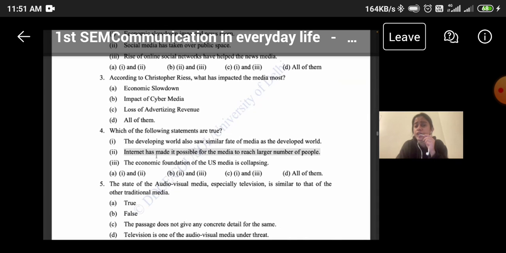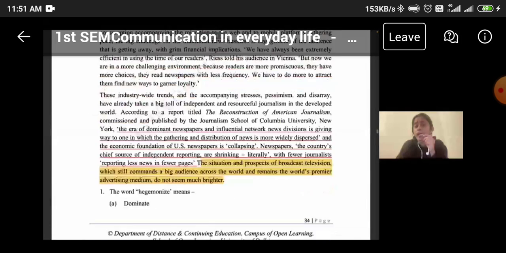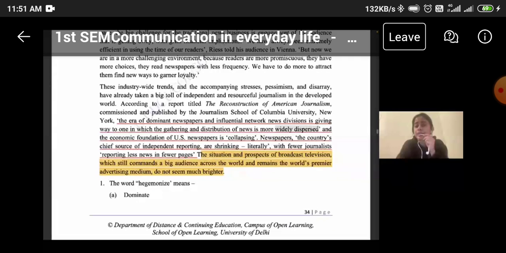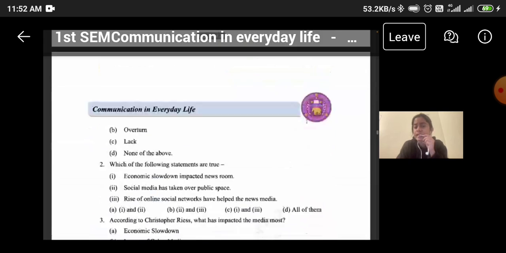The internet has made it possible for media to reach a larger number of people. Yes, it is implied. How do we come across it? When we are talking about the terms, it is widely dispersed: the gathering and distribution of news is now widely dispersed. And why? Because the influential news network divisions are also evolving with the changing public space for media.